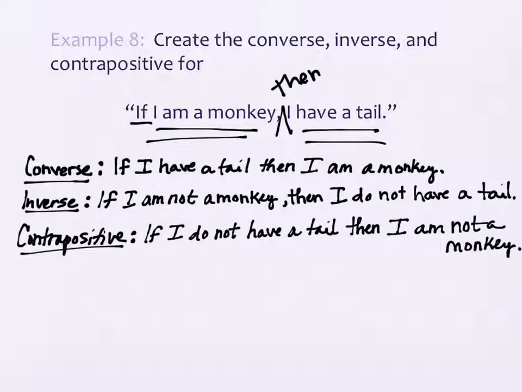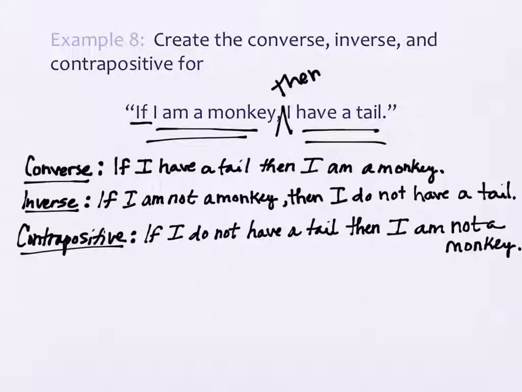Now take a look at these statements. Are these statements all equivalent to one another? One way to make that decision is to decide if they're true or not. If I'm a monkey, then I have a tail. Is that a true statement?